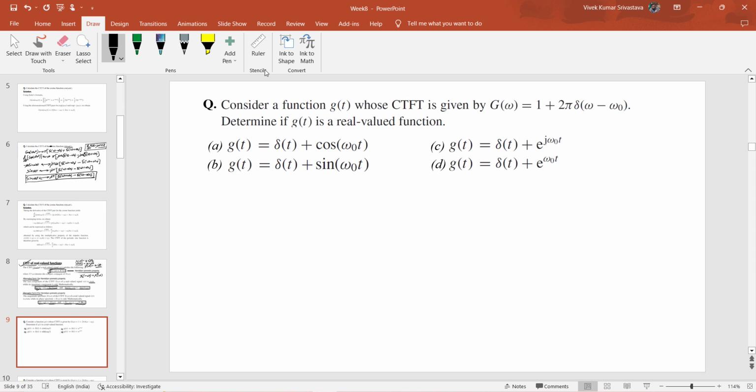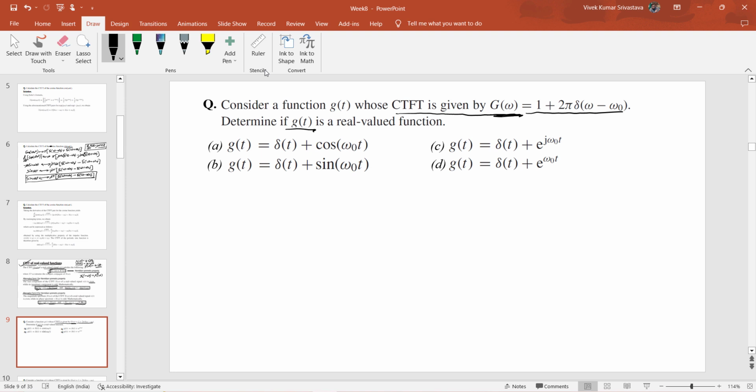Here we have to determine the function g of t whose continuous time Fourier transform, that is g of omega, is given to us, which is 1 plus 2 pi delta of omega minus omega naught. So this is basically given to us as g of omega, and on the basis of that we have to evaluate the function g of t in the time domain.